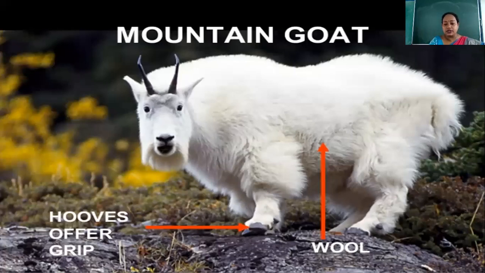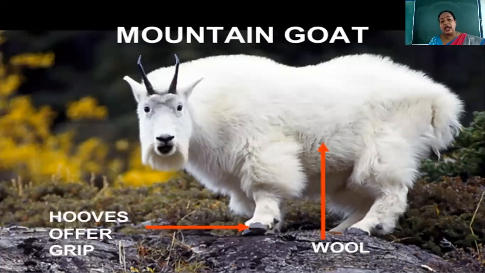Now the first thing that you need to know is that mountain goats have strong hooves. A hoof is the divided foot that helps the goats to have grip when they are walking on the rocks and mountains. These hooves are soft and flexible.